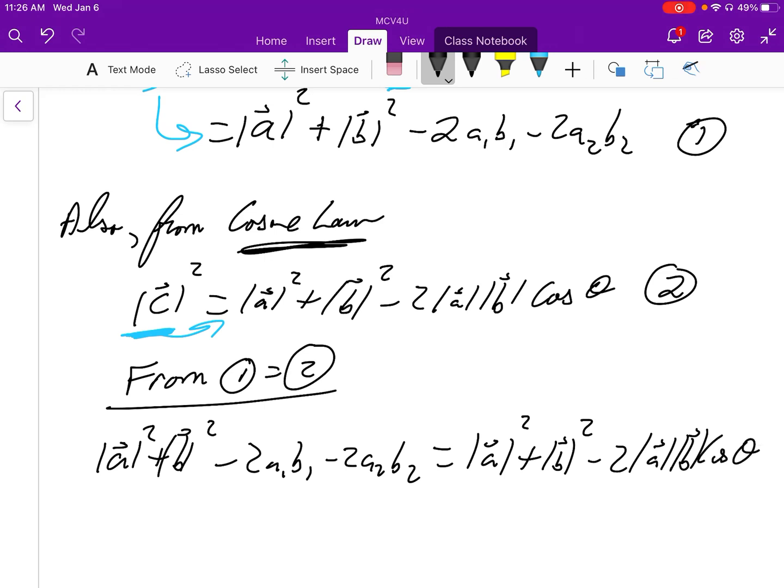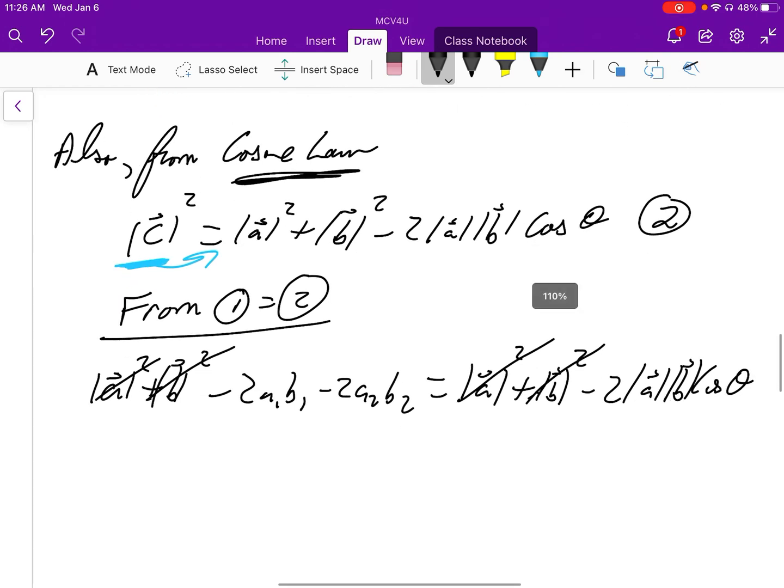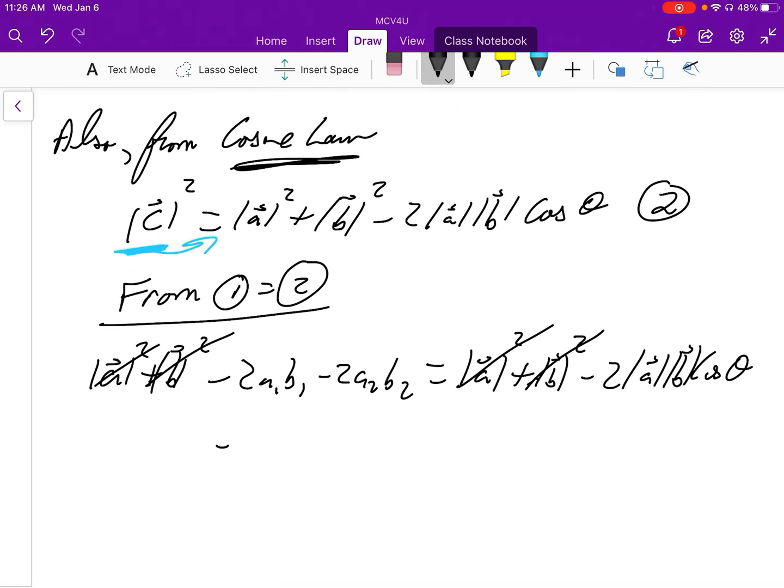All right. Now, looking at this as an equation, we can see that the magnitude of a squared reduces out because there's one on either side. The magnitude of b squared, again, reduces out because there's one of those on each side. And we are left with negative 2a1b1 minus 2a2b2 is equal to negative 2 times the product of the magnitudes, cos theta.